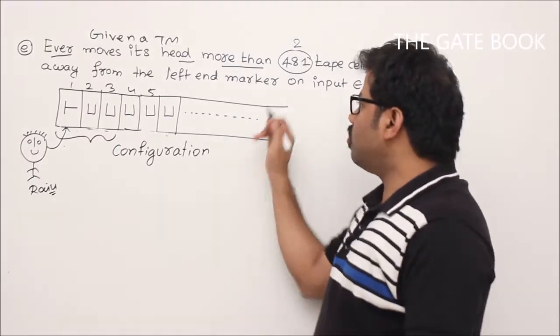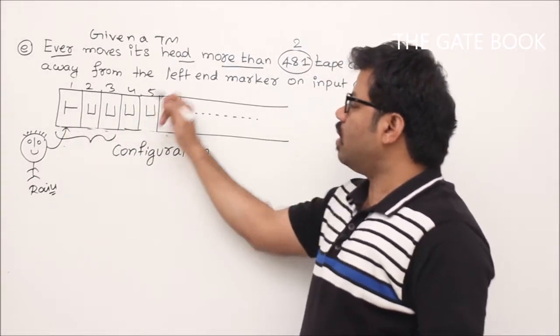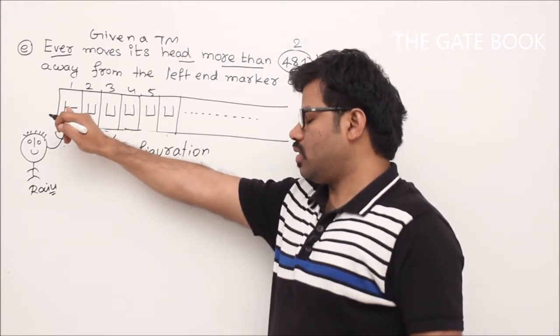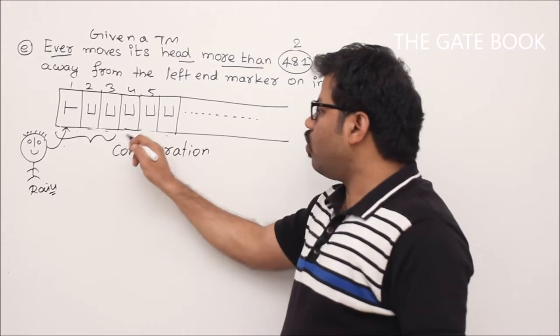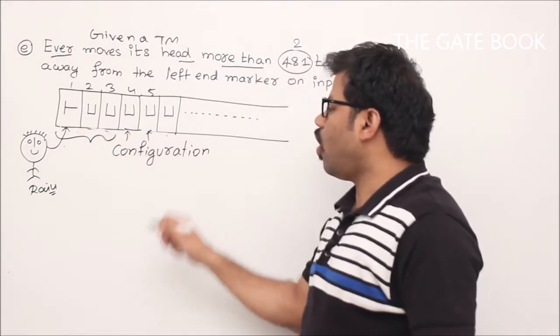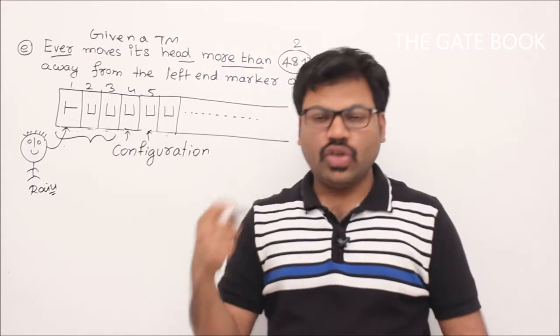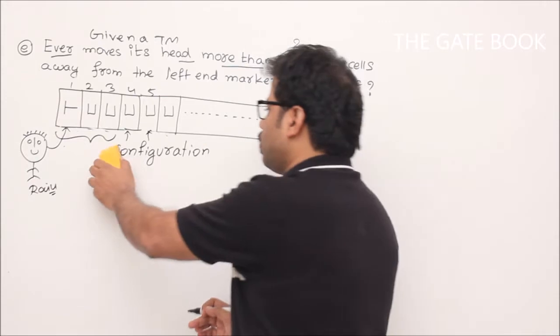Because I am solving the problem of whether my Turing machine moves its head 2 steps away from the left marker. That means I would like to know, without coming to this point or this point, how many configurations your Turing machine can make. Blindly, first of all, solve that. After that, we'll understand.